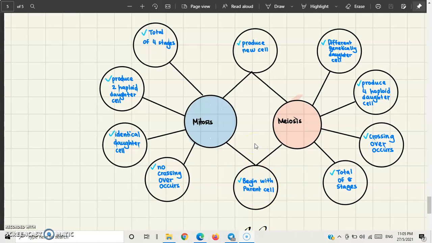Okay, we go to the first difference. In mitosis, it produces two haploid daughter cells. Actually, it's not haploid here. It is two diploid. Please correct it here.